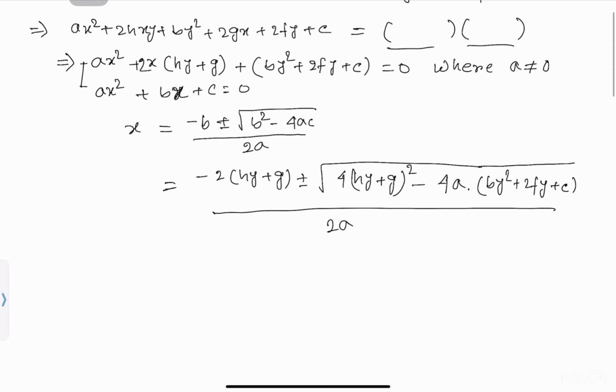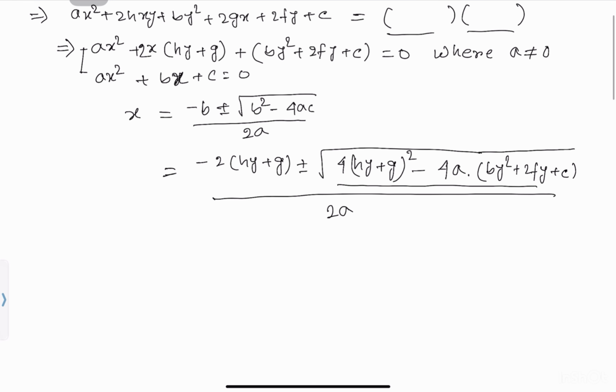Name this term d, your choice: 4(hy plus g) whole square minus 4a(by square plus 2fy plus c), this term.